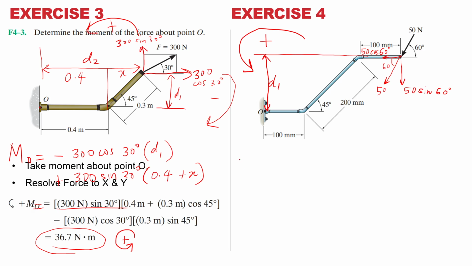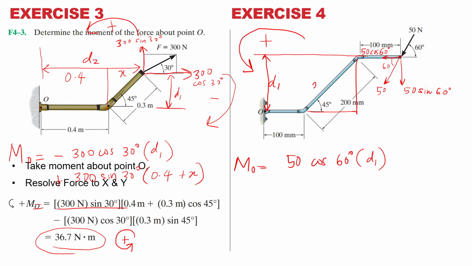positively. So moment O equals 50 cos 60 degrees, okay, times D1. Times D1. Find out what D1 is. From this one, you can find out from this triangle. 45.